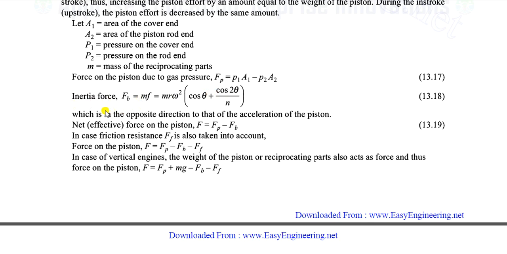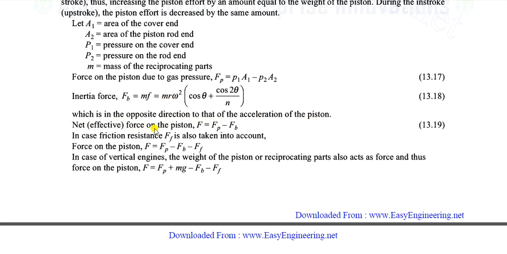Now, inertia force. Inertia force is mass into acceleration. If you are calculating for the piston, the acceleration was r omega square (cos theta plus cos 2 theta by n). So this is the inertia force, mass into acceleration, and this is the acceleration r omega square cos theta, multiplied by m, which is in the opposite direction to the acceleration of the piston.